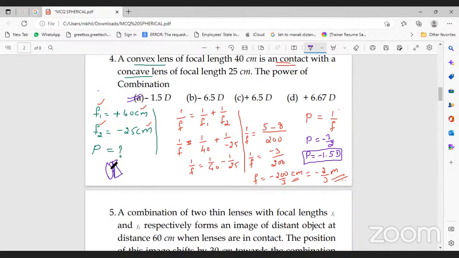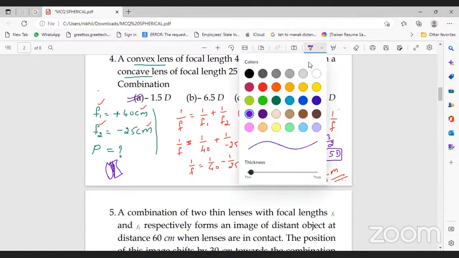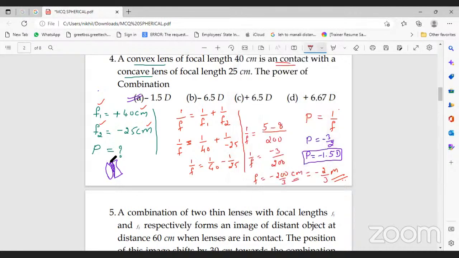These two lenses are in contact. The combination of this is going to be like what? A concave lens. That is the meaning of that. So minus 1.5 diopter is the effective power of that combination.